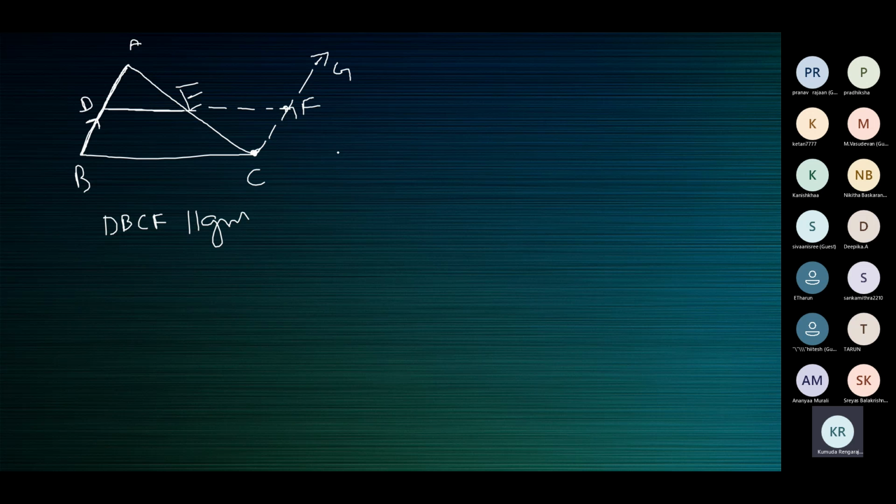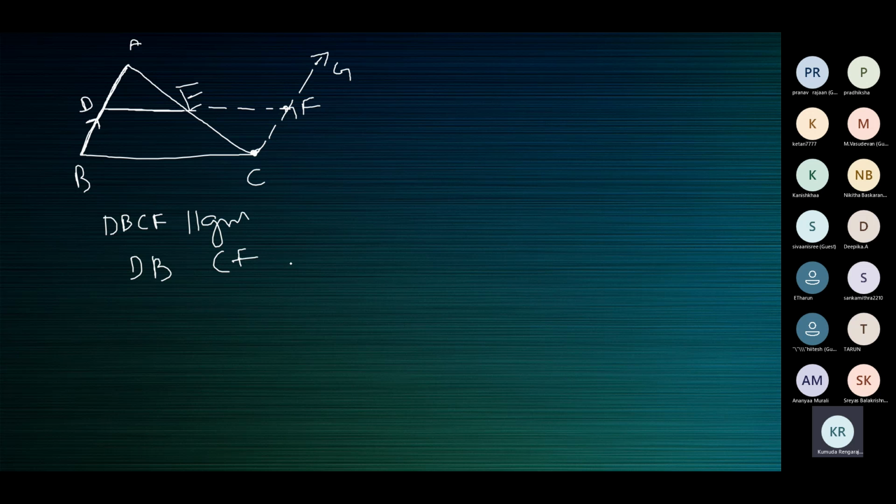That we already know by construction. One more thing, DB is equal to CF. If you prove that DB is equal to CF, then DBCF is a parallelogram. We don't have to show that DB and CF are parallel, because by construction DB is parallel to CF.